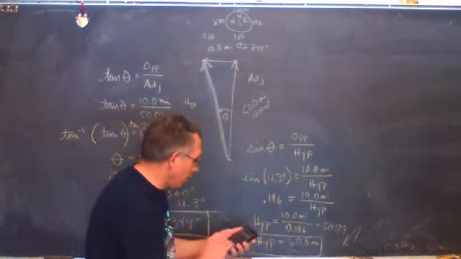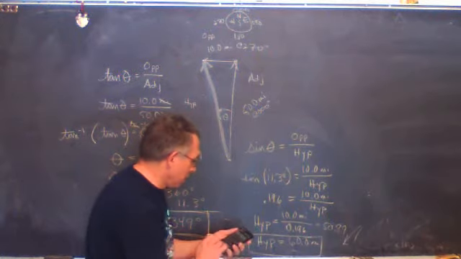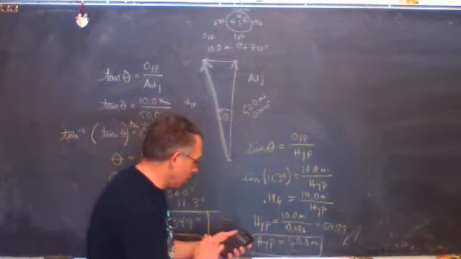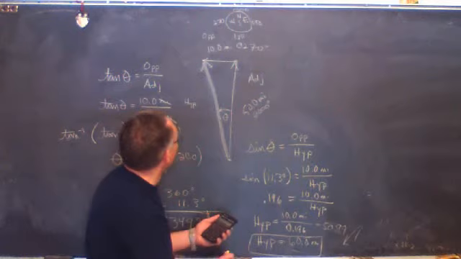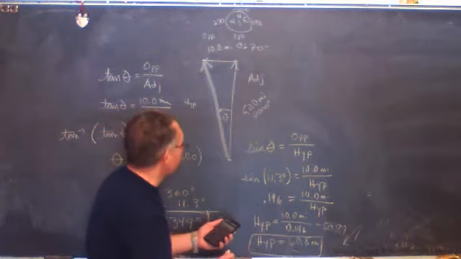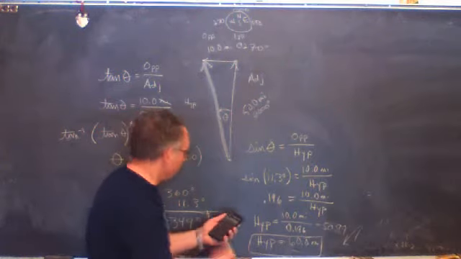Sine of 11.3 is 0.196. 0.196, so 10... 50. Okay, so that should be 51. That is incorrect. I've messed something up.